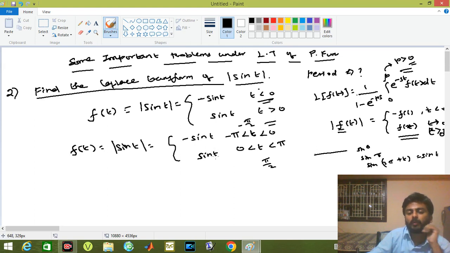Now since they have given modulus of sin t, it is enough to consider only the positive value. So your solution should be f of t equals modulus of sin t equals minus sin t for minus pi less than t less than 0, sin t for 0 less than t less than pi.